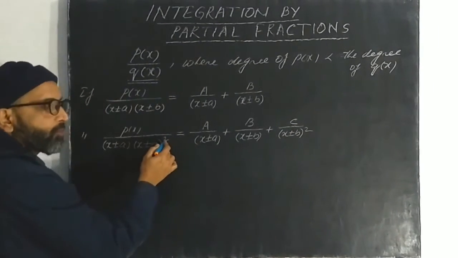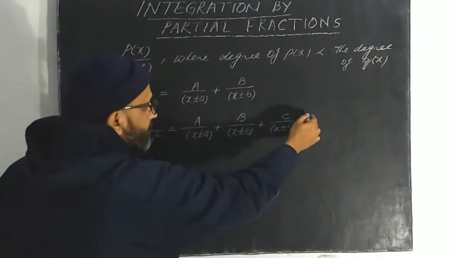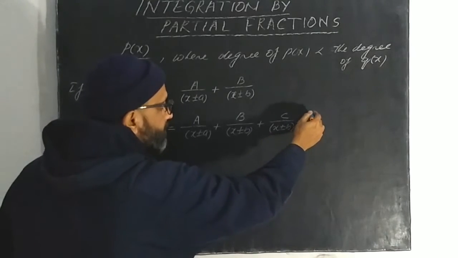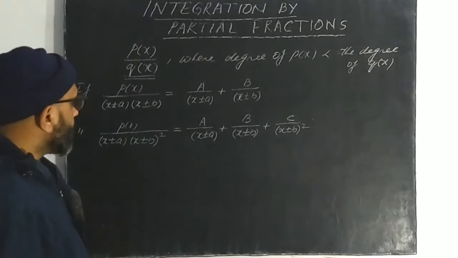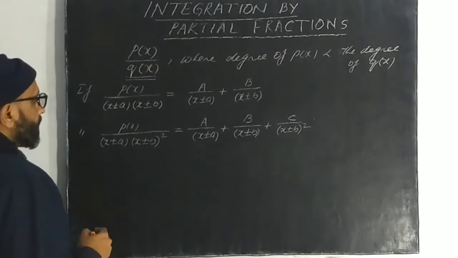And if suppose there is a cube, then we have to write one more term, D upon (x plus b) whole raised to the power 3, and so on.